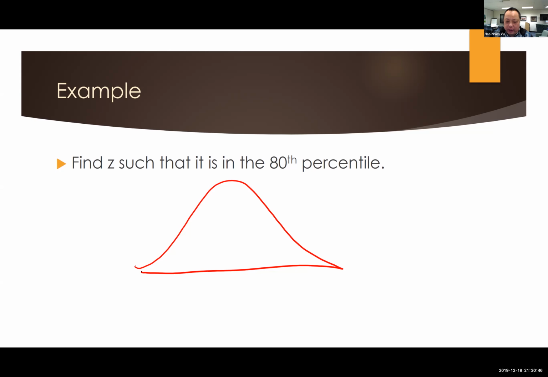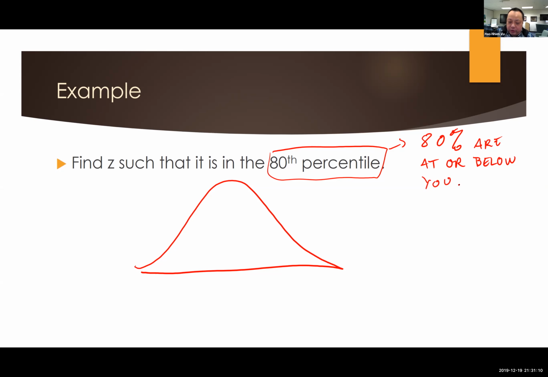And the question asks for a z such that it's in the 80th percentile. 80th percentile means 80% are at or below you. Okay, so you're somewhere, we don't know where, and then 80% of the people are at or below you. So this area right here is 0.80.